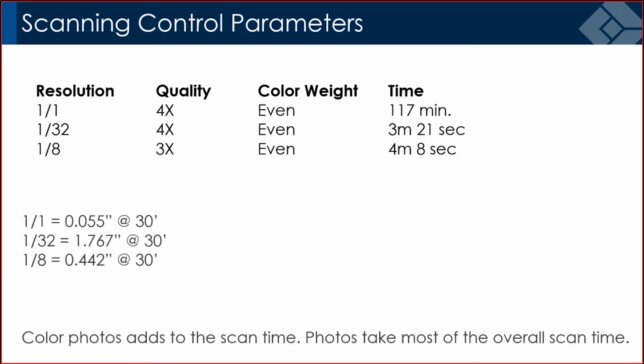Just to explain that a little bit further, this is a brief example of the difference in settings and time. A higher resolution and higher quality is going to give you a longer scan time, right? So if you really need 0.05 of an inch point every 30 feet, so that's going to be your grid, it's going to take over a couple of hours. Now, the times that you see there are without photographs being taken in the field, so you can pretty much double that if photos are going to be taken.